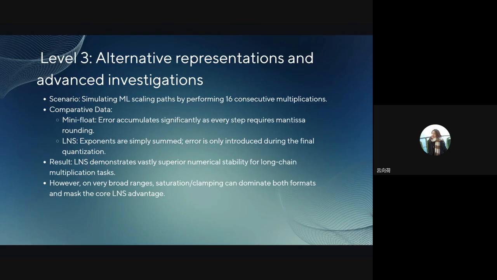But for LNS, the exponents are just summed, so the error is only introduced during the final quantization. The result is that LNS demonstrates vastly superior numerical stability for long chain multiplication tasks. But with broader ranges, saturation and clamping can dominate both formats and mask the core of the LNS advantage. Okay, very good.